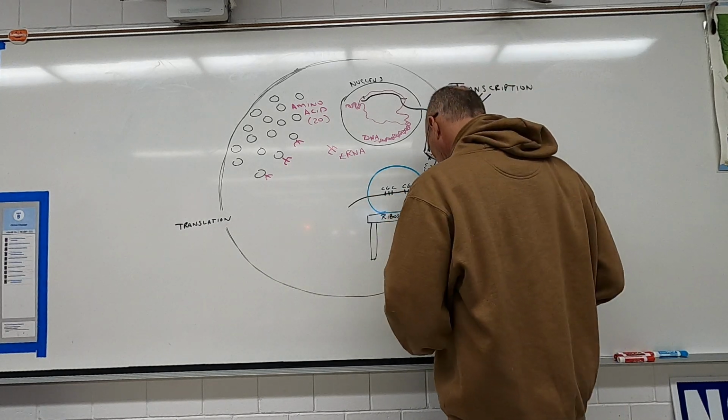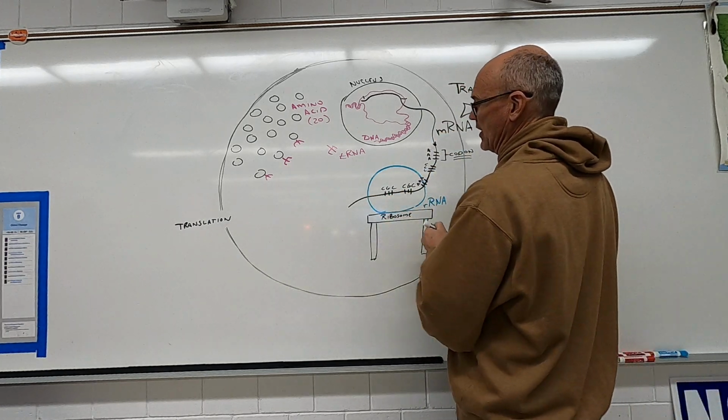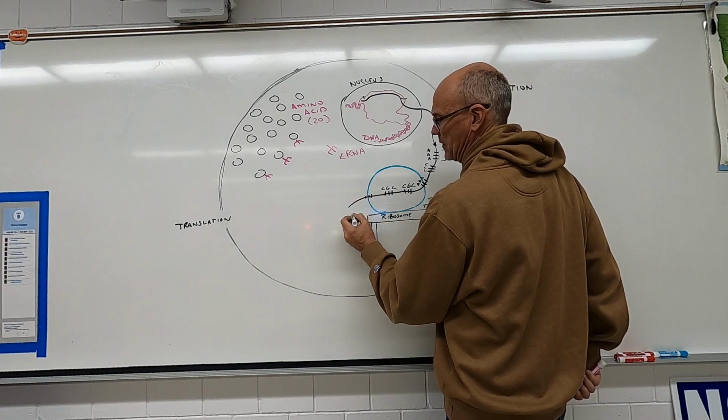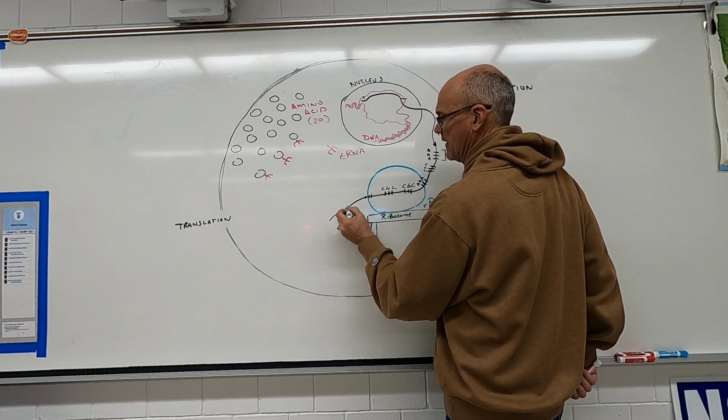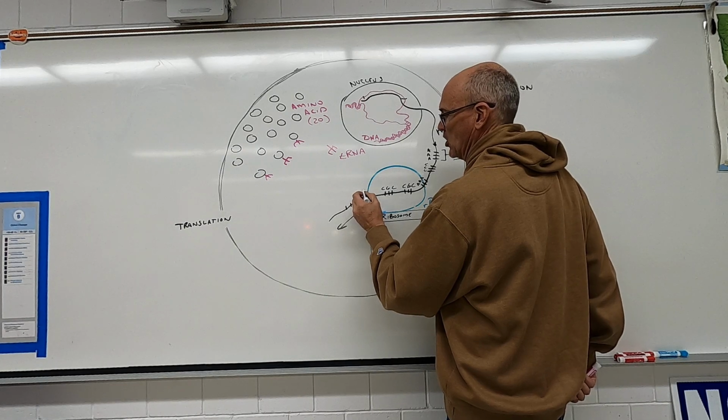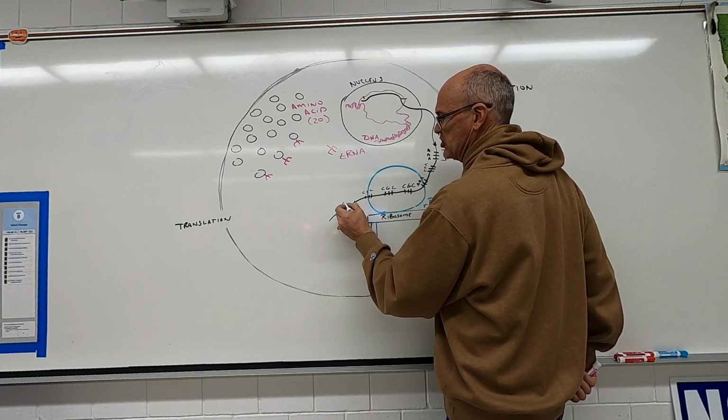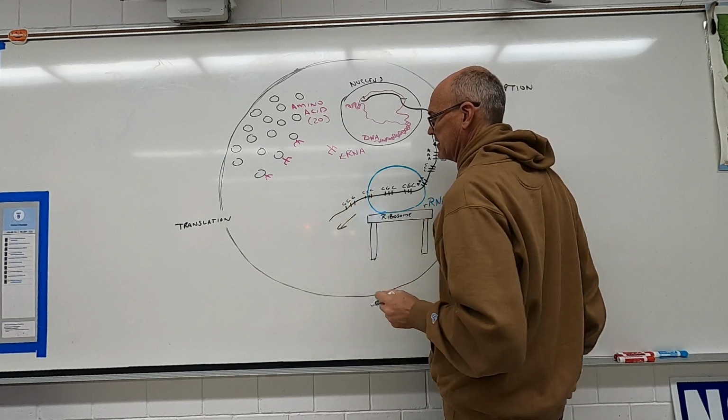So let me add a few more out here so we can kind of see the whole process is going this way. And I'm going to go C, C, C, and then G, G, G, just for super simplicity.